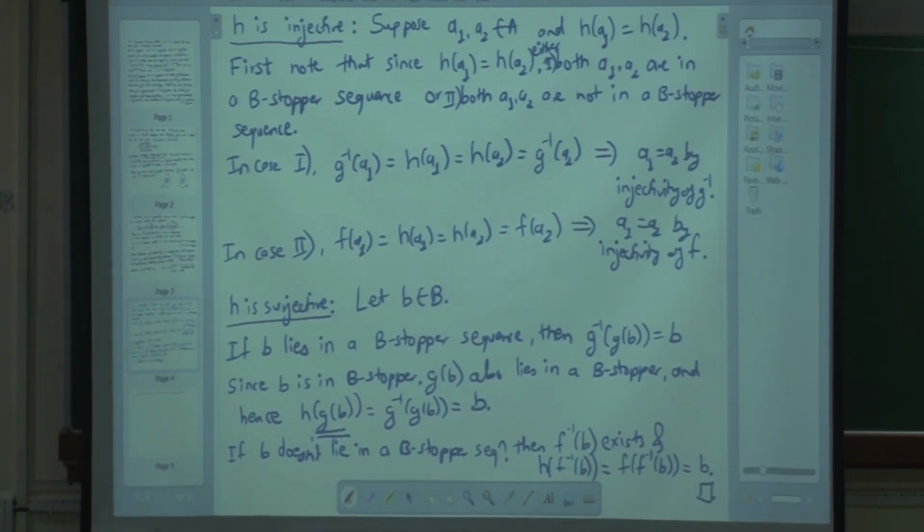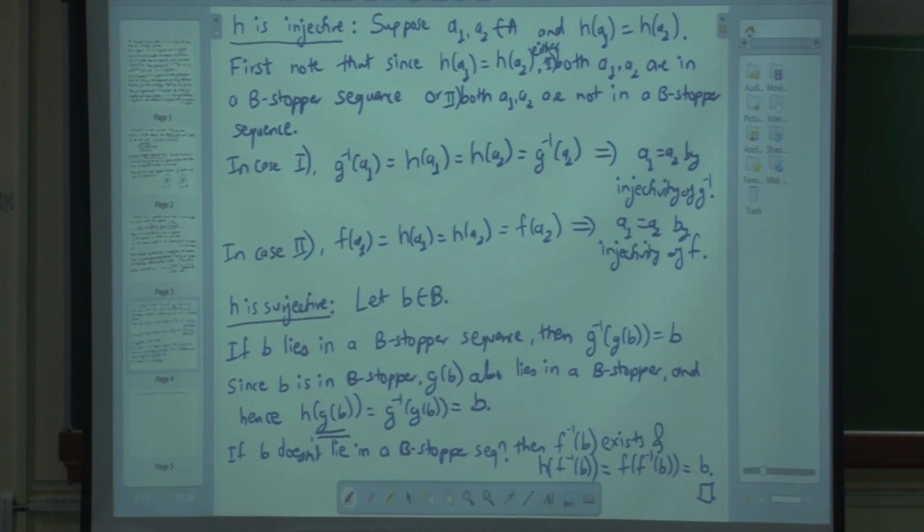Similarly, in the other case, we will consider f inverse of b. f inverse of b is the element which always exists, we argued that, and h of f inverse of b is actually f of f inverse of b, which is equal to b. Is that okay? Any other questions?